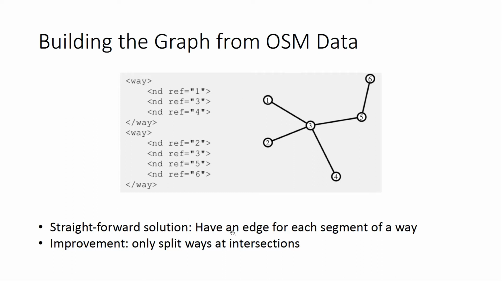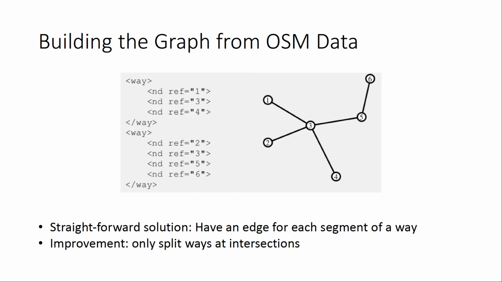The straightforward solution is really to have an edge between each of these segments. Of course, having this edge over here, you might consider removing such cases. Here you have 3, 5, and 6, and usually in this OSM data one street is represented by many, many, many different nodes.